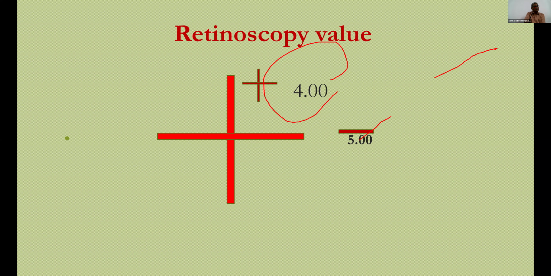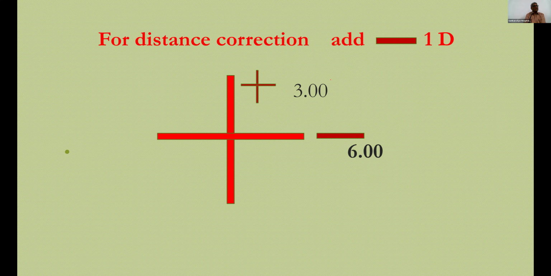Next step: all I got when I did it at 1 meter, that means with this power, if I prescribe to the patient, we are converting the patient to myopia. So you have to bring it back to normal. For the distance correction, because he became myopic by 1, add -1.